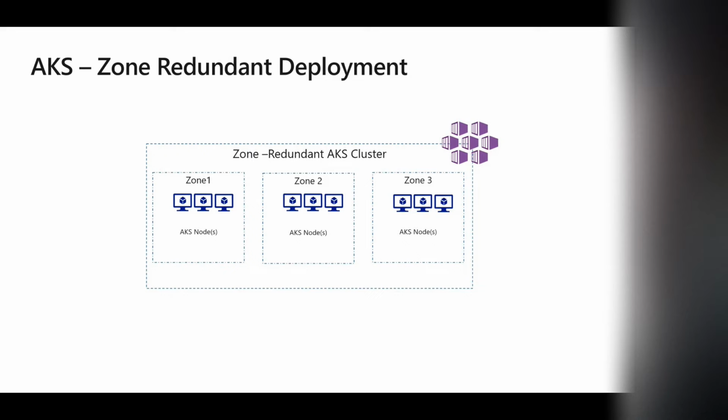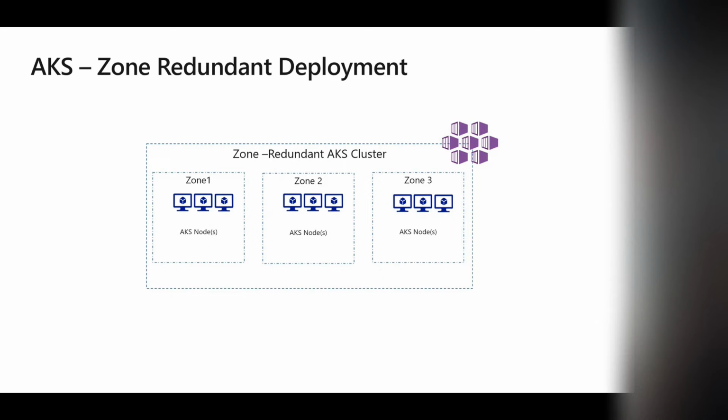Okay. So this is a very high level view first. You go in, you deploy your AKS cluster, you make it zone redundant, and that's where you are deploying the VMs across different zones. And you don't have to do it yourself once you set up your AKS cluster as zone redundant.